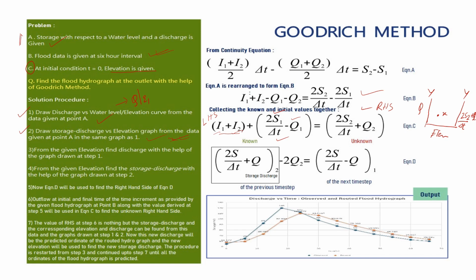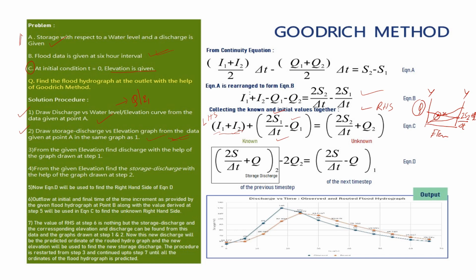So from this data, and you have these graphs, right? By drawing a perpendicular to the y-axis from this point, from both y-axes, you can get the corresponding Q outflow for that elevation, and also the corresponding 2S by del t plus Q for that elevation. Correct?